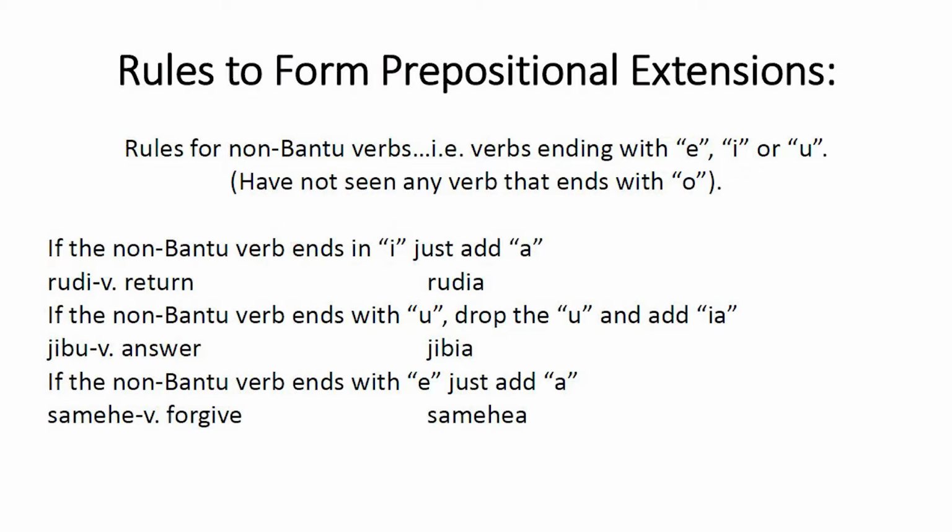So answer, jibu, becomes answer for, jibia. And if the non-Bantu verb ends with an E, just add an A to the back of that E. So forgive, samehe, becomes forgive for, samehea. Okay, hopefully you got that.